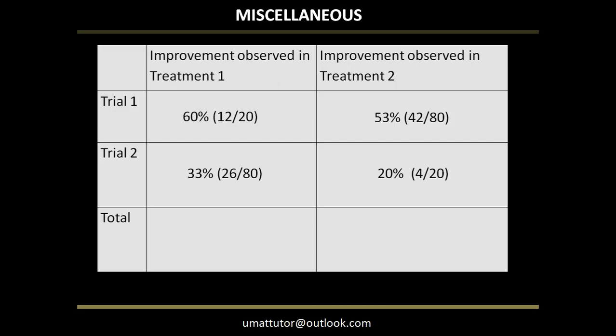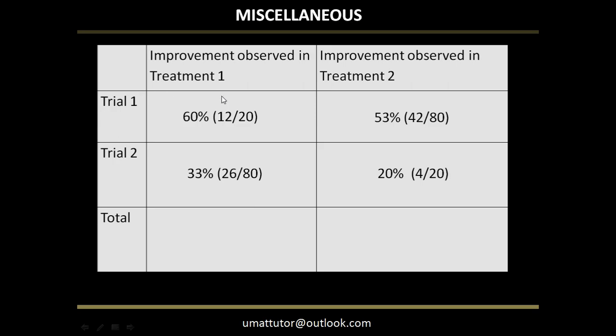If you were given a question dealing with this sort of table, which is what we had in the year I did UMAT, it's important to make a distinction between the sample size and the results for each sample size. So this is one form of treatment, this is another form of treatment, and then there were 2 trials conducted.